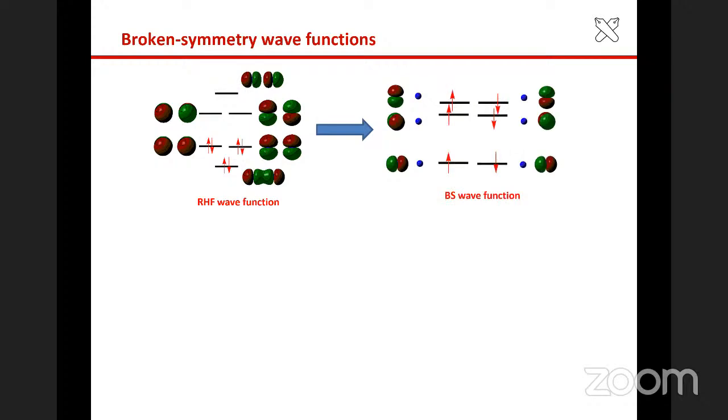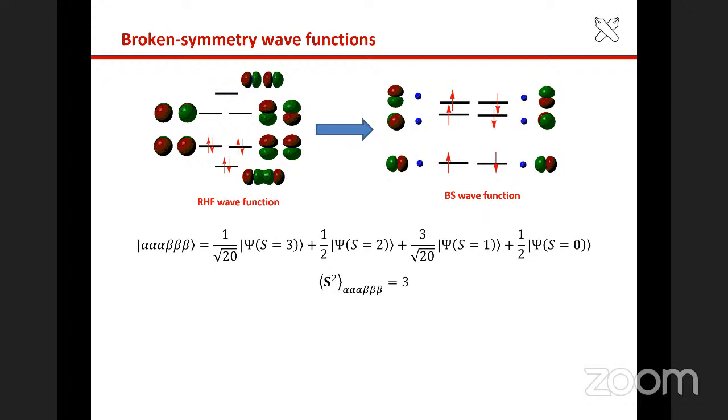In this case, for a target molecule, we can generate this kind of local orbital and generate the broken-symmetry wave function. Unfortunately, this broken-symmetry wave function is not an eigenfunction, so we have some excited states from different spin multiplicities.